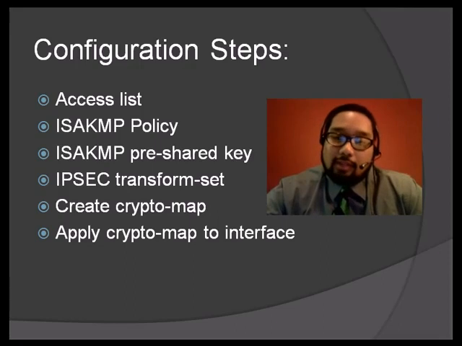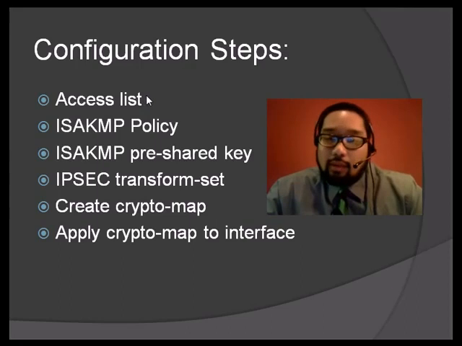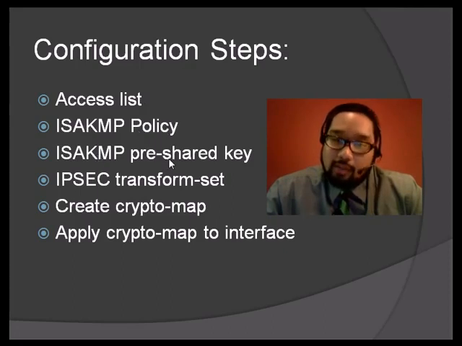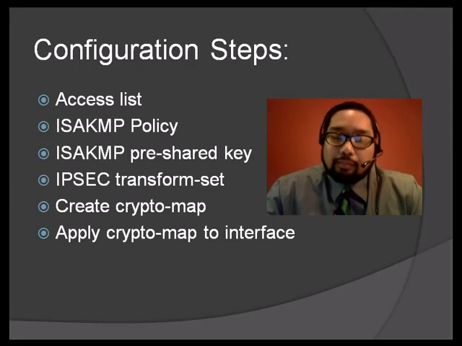Alright, finally let's review the configuration steps one last time. First we created an access list. Remember, this has to be the opposite on either end of the tunnel for the tunnel to work. It also has to have the same number of lines and the same networks defined, or the tunnel will not work. Next is the ISAKMP policy. Then the ISAKMP pre-shared key. Remember, the pre-shared key was the password champions, and then you define also the peer address of the router on the opposite end of this tunnel.